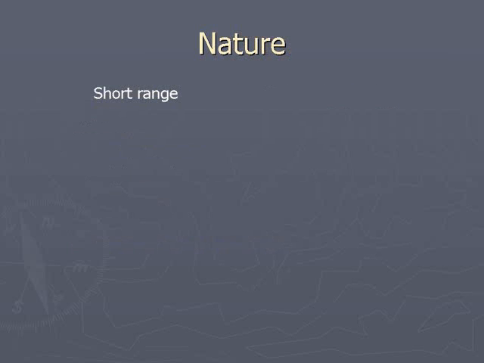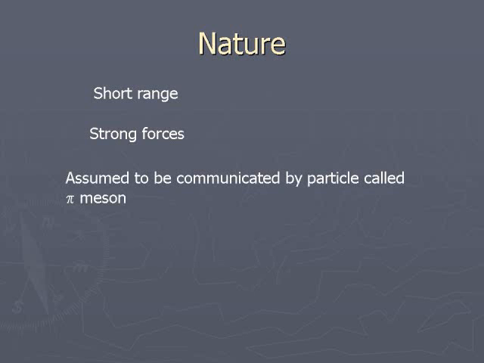These forces are short range and very strong. They are believed to be exchanged by a particle called pi meson. When the distance is very small, they may become repulsive forces.